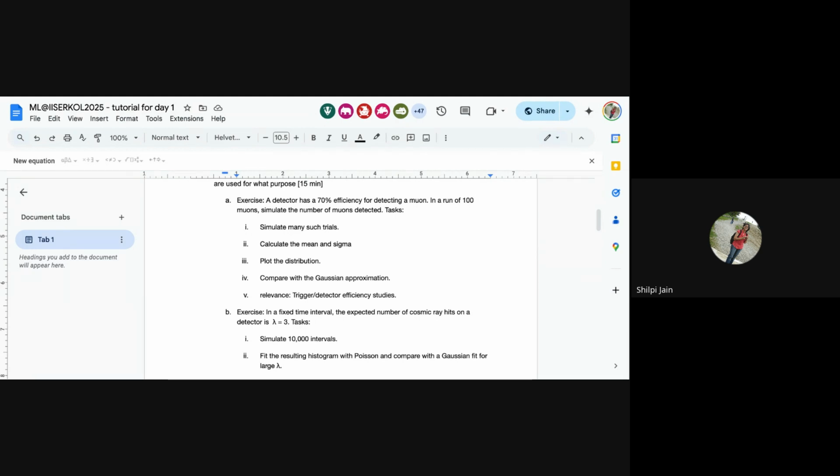So it is a Bernoulli process. Yeah, exactly. It's a binomial distribution, so it will follow binomial distribution. But as you keep on increasing this n to, let's say, 200, 500 or 1000, you will see that it will approach Gaussian.